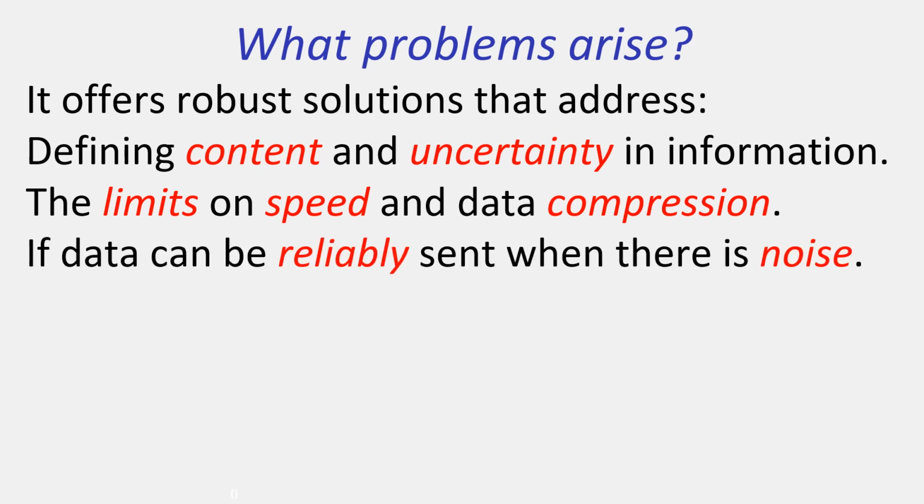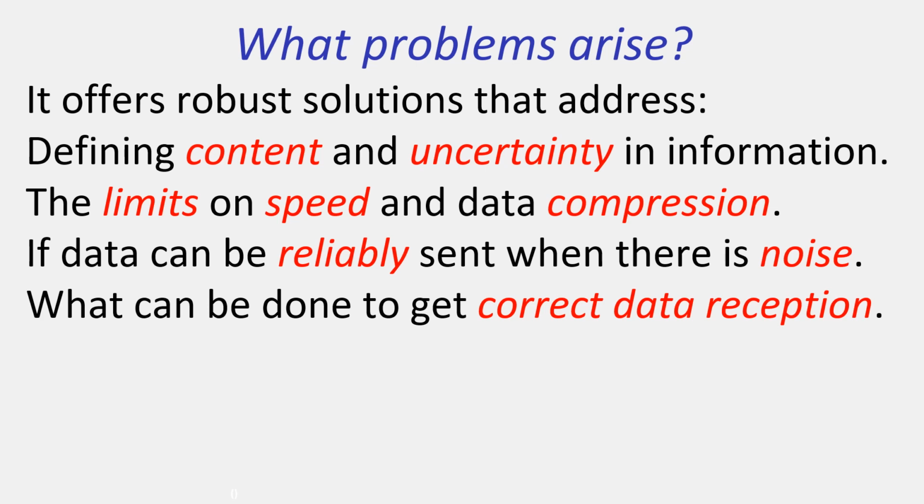It asks whether data can be sent reliably when there's background noise or other types of interference. It asks what steps one can take to ensure that data is received properly.